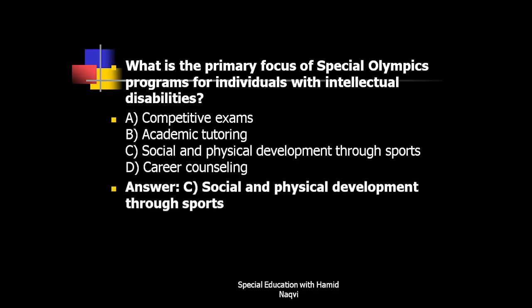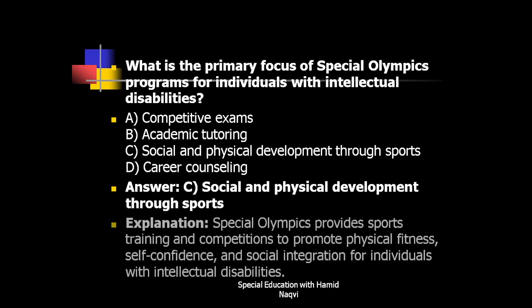Answer is social and physical development through sports. Special Olympics, we know, provides sports training and competition to promote physical fitness, self-confidence, and social integration for individuals with intellectual disabilities.